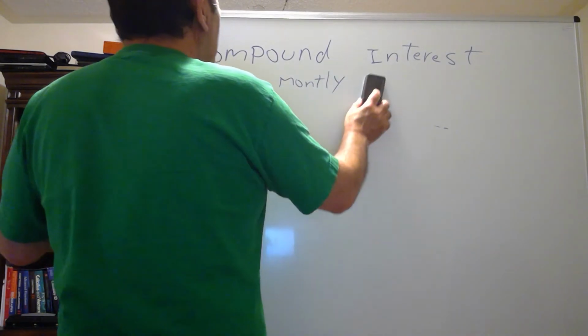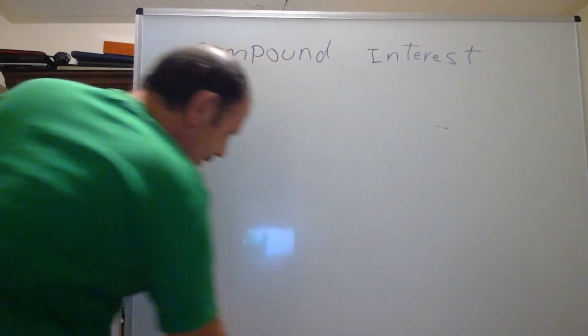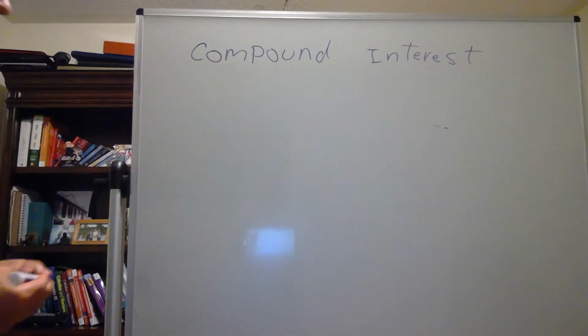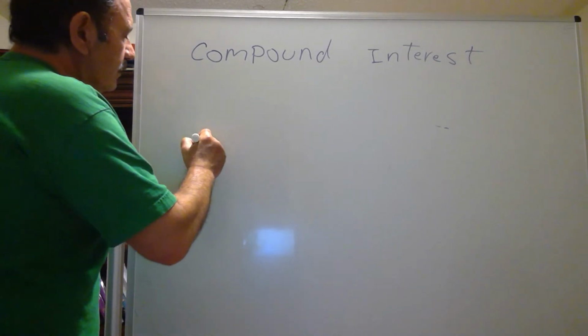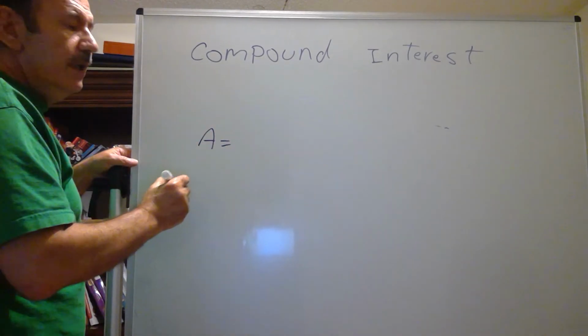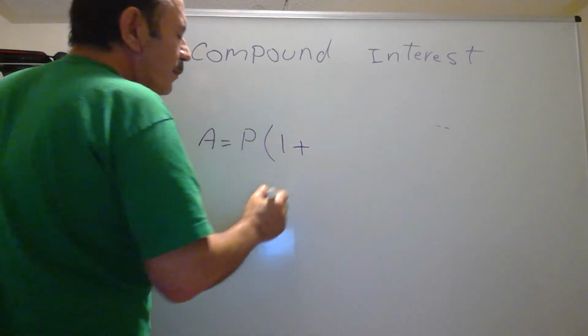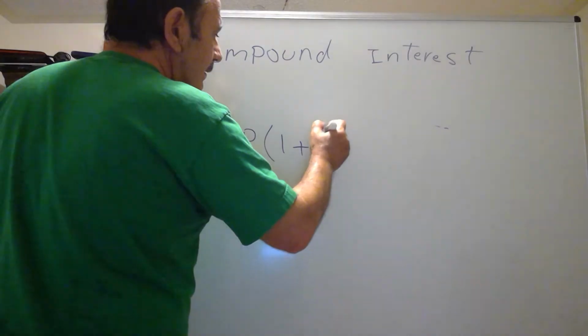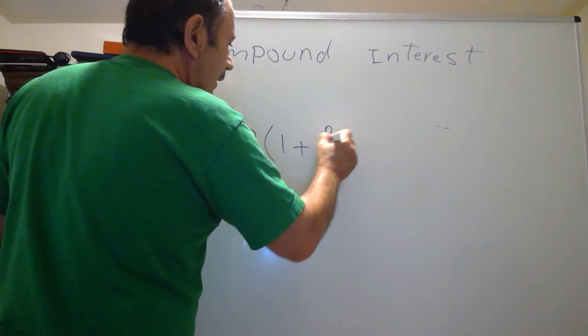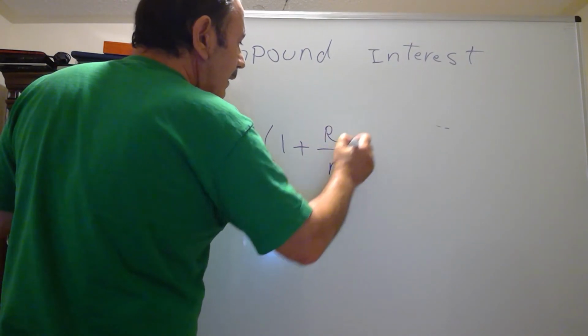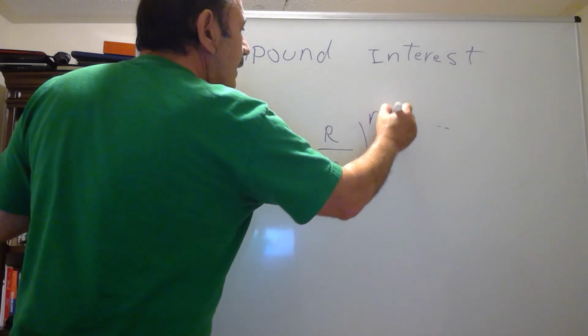The formula that we use for compound interest is this: Amount is equal to principal times (1 plus rate divided by n) to the power of nt.